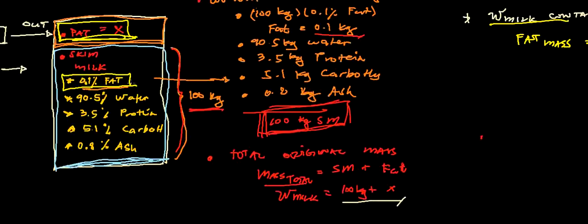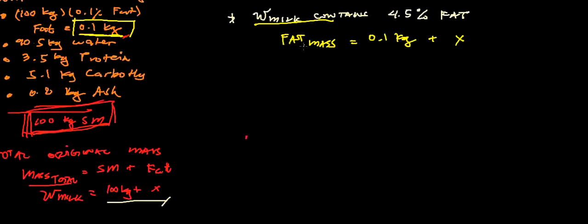The 0.1%, we use the basis of 100 kilogram, that's why we come out with 0.1 kilogram, plus this part here. So all in all, the initial fat mass is 0.1 kilogram from our skim milk plus the fat that is being removed. So we have here another equation.